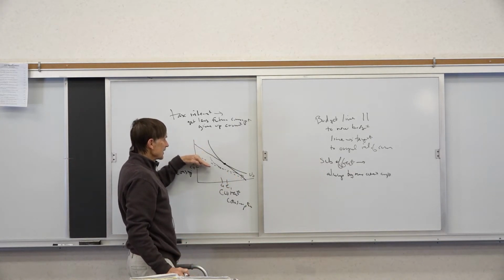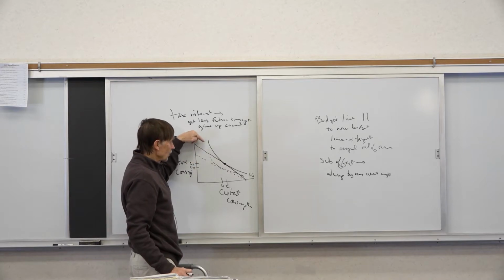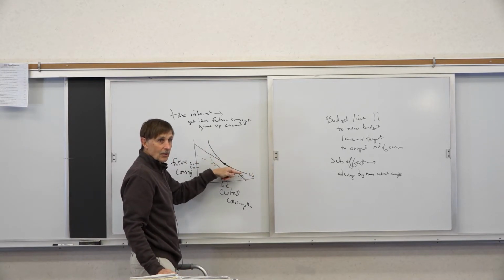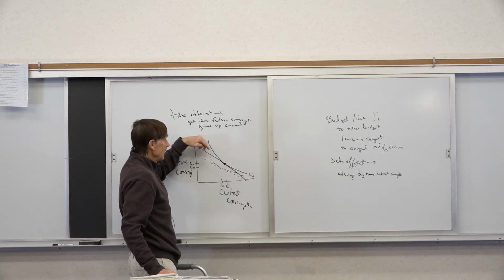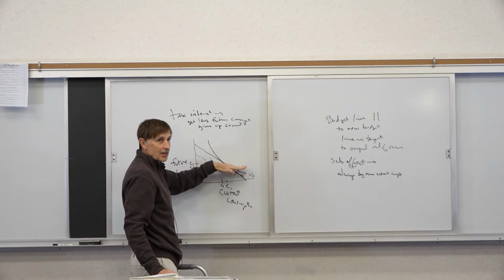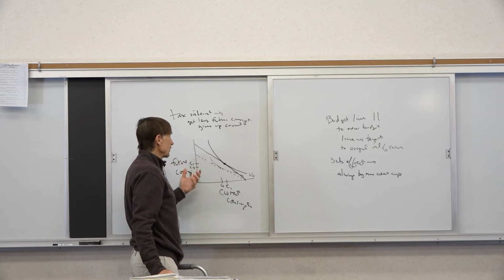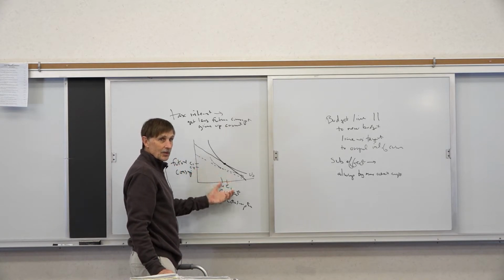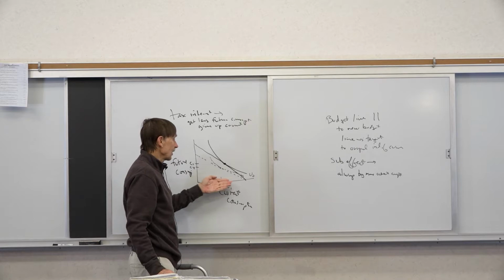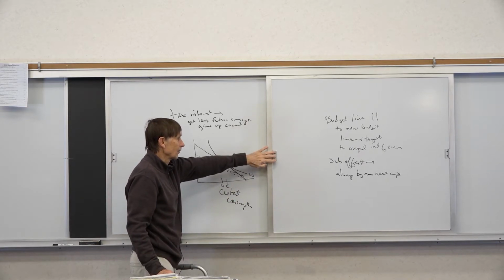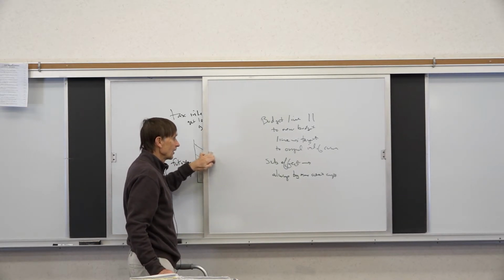Because this budget line has a flatter slope, and I've drawn the indifference curve convex to the origin, it can't be that I get a tangency to the left. I've always got to get a tangency to the right. So by making future consumption more expensive relative to current consumption, I'm going to have more current consumption.